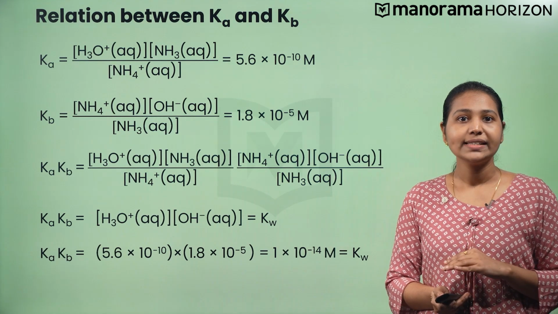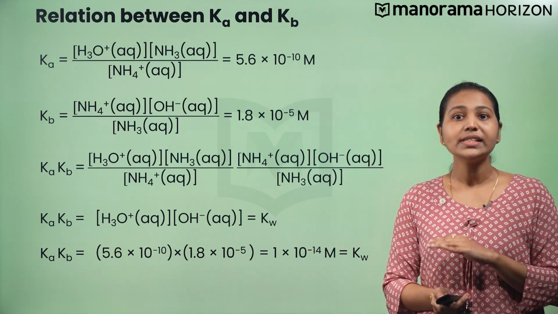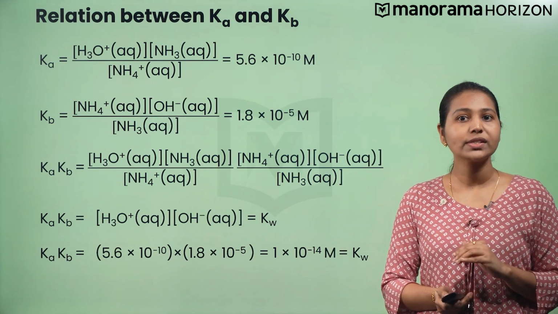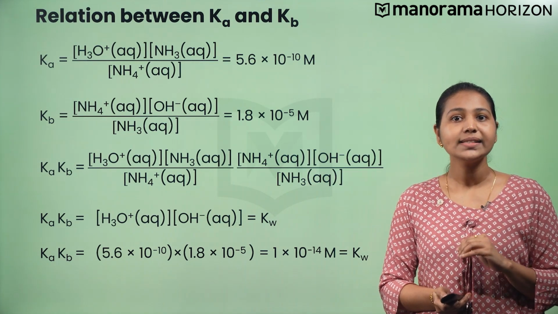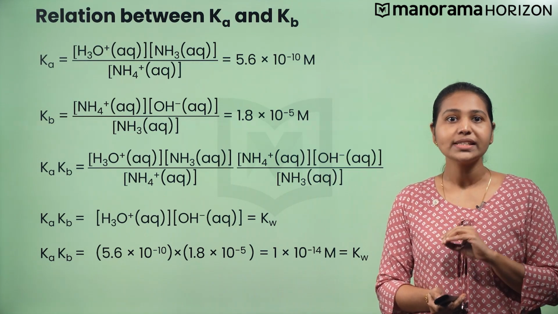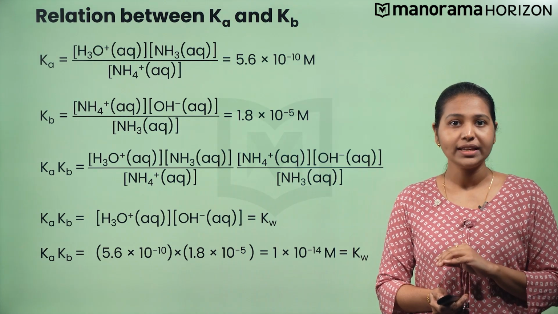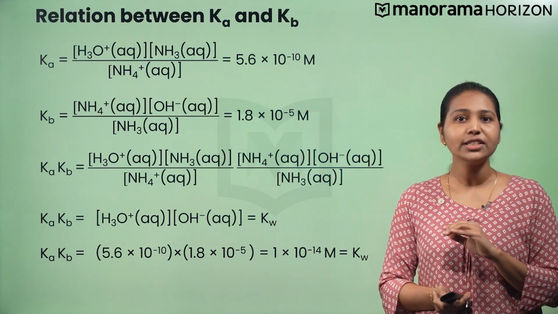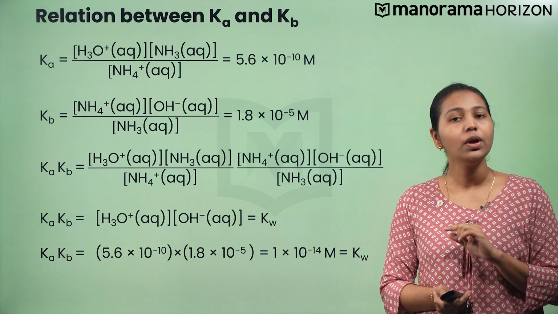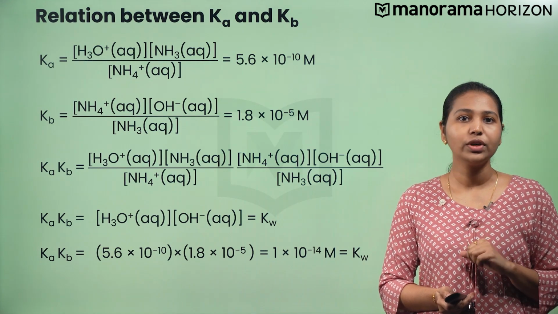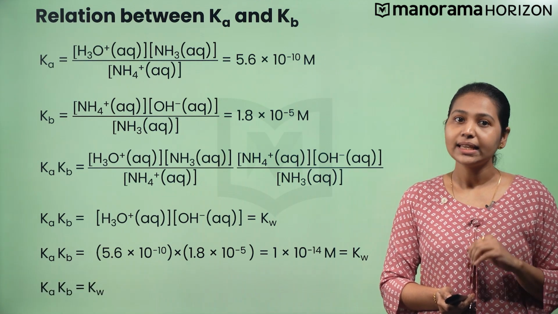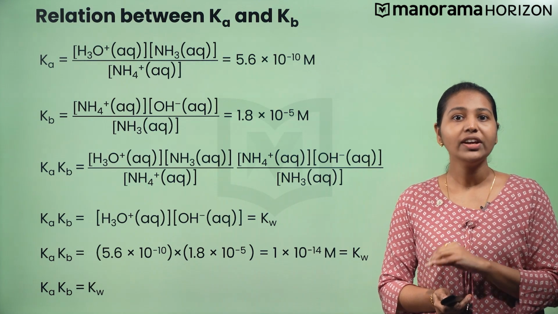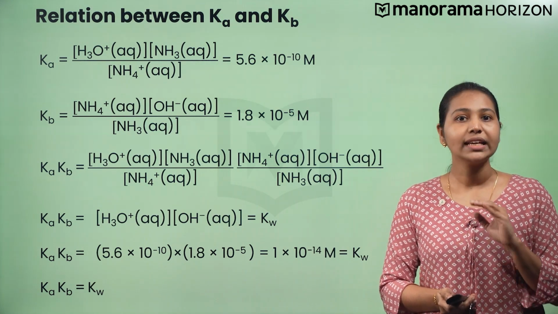You may also realize that Ka into Kb equals Kw from the molarity values of Ka and Kb. That is, Ka into Kb equals 5.6 into 10 raised to minus 10 into 1.8 into 10 raised to minus 5, which is equal to 1 into 10 raised to minus 14 molar. Thus, in the case of a conjugate acid-base pair, Ka into Kb equals Kw.